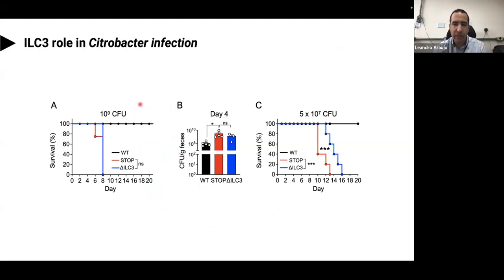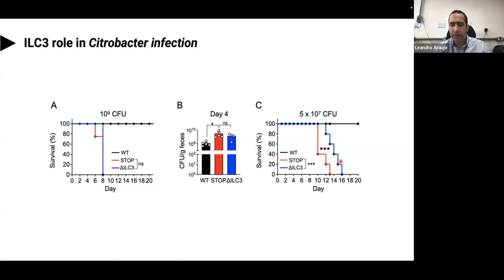When we infect with the regular high dose of Citrobacter rodentium, all the mice die. They have higher numbers of CFUs in the feces and the tissues, so we tried a low dose to see if we could resolve some differences, especially in the mice that have T cells. When we did that, as you can appreciate here, the delta ILC3 mice survive about 3 days longer compared to the stop mice.